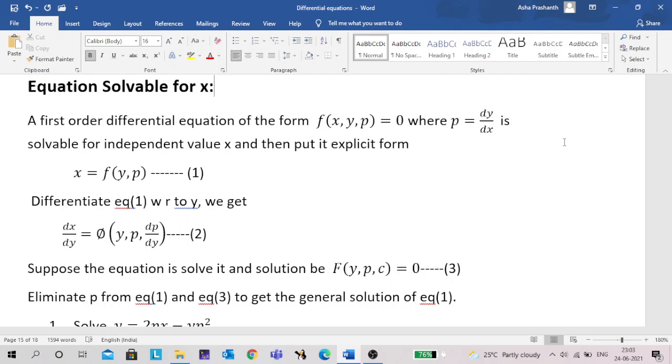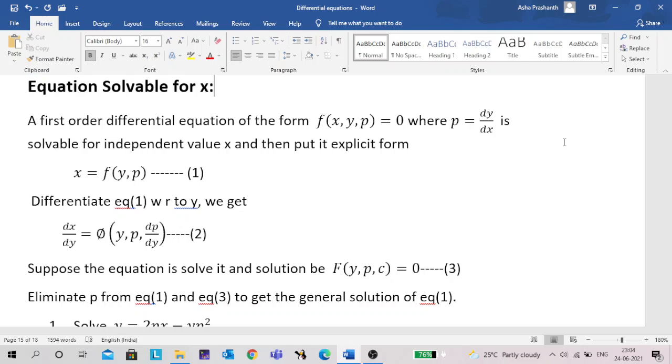In a nonlinear differential equation, there are four methods: equation solvable for p, solvable for x, solvable for y, and Clairaut's equation. We already studied the equation solvable for p and Clairaut's equation in the last videos.